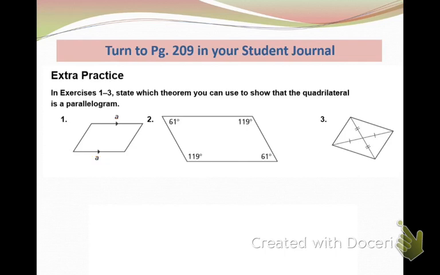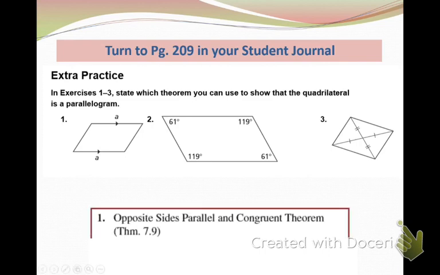So this is the opposite sides parallel and congruent theorem. I find it a little redundant, but here's what I would accept from you on the day of the test or quiz: if you told me the opposite sides were congruent and parallel, I would take that. If you want to memorize the name of the theorems, that is also acceptable. Either way.